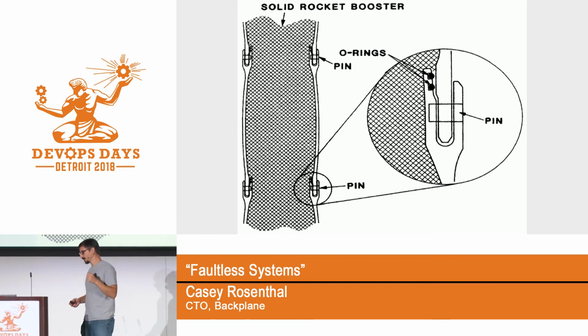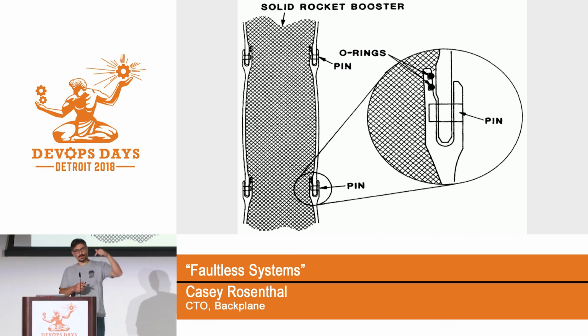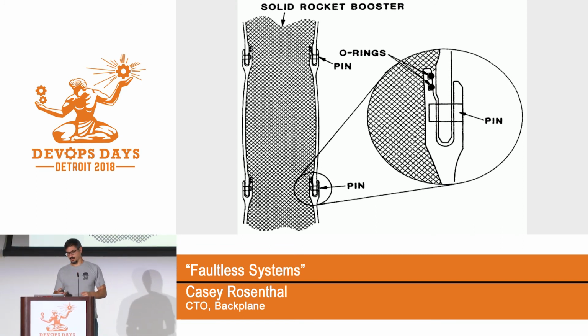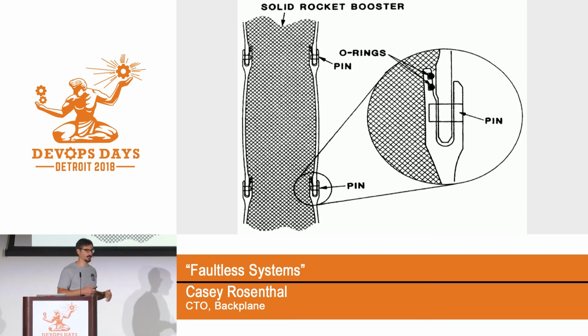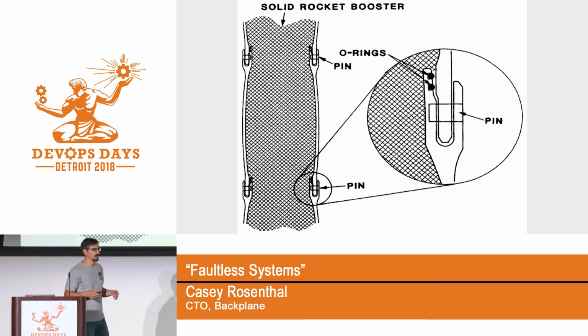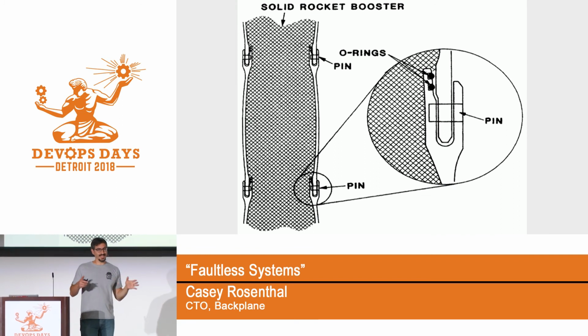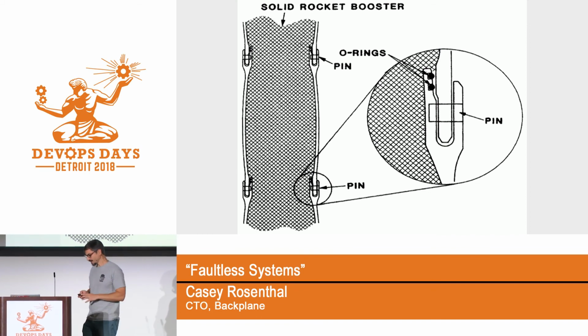So you can see in the inset here that it inserts into a lip there, and at that seam they have 2 O-rings to make sure that no heat from the rocket burning escapes. The heat that escaped that caused the explosion was about 0.04 inches of space for a few milliseconds. So it doesn't take a lot to set this thing a kilter.